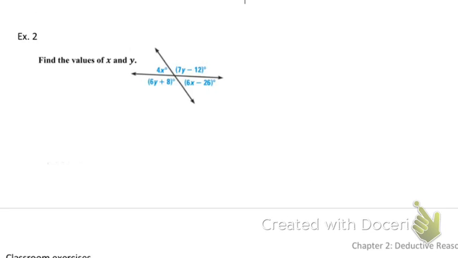All right. So let's find the values of x and y. So since these are vertical angles, and these guys are vertical angles, you just got to set up an equation where they're equal. So we can do something like 4x equals 6x minus 26.